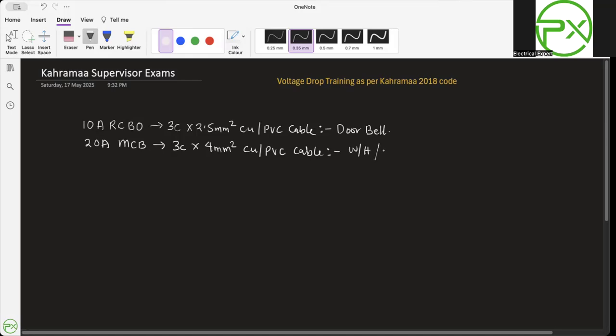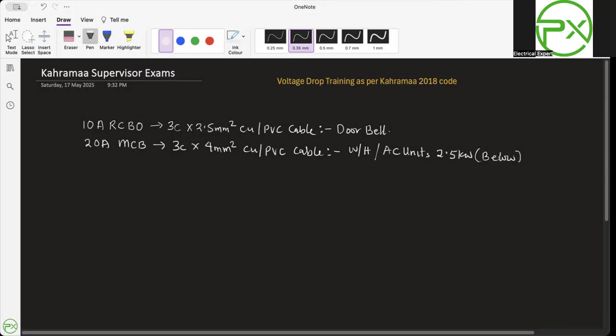And then what about the AC unit? For an AC unit below 2.5 kilowatt, I can consider using 4 square.